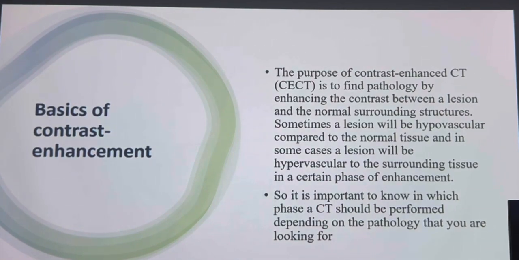The two options are for the lesion to be isovascular, hypervascular, or hypovascular in relation to the organ. Each phase, and we will talk about the phases now, is able to detect the lesion in this phase. And we will explain that, okay?